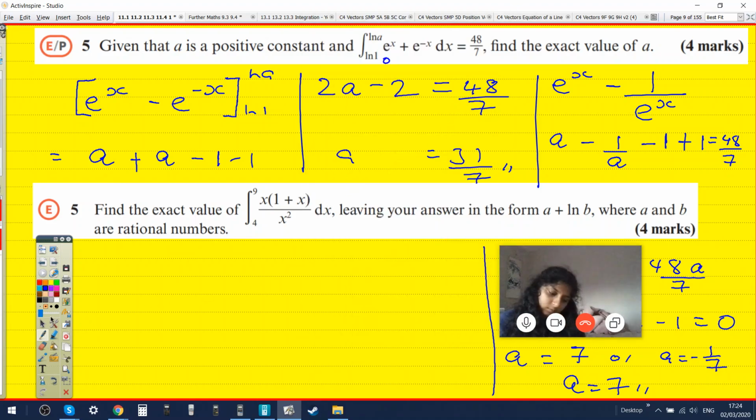Might be. Is that your final answer? Oh, wait, no. Ln x plus x. Yeah. Shouldn't have x. This is definite integration. Yeah, I haven't substituted it yet. Okay. Then 9 plus 9.